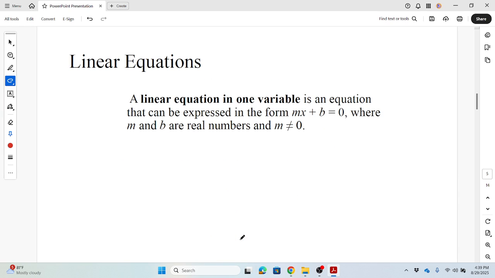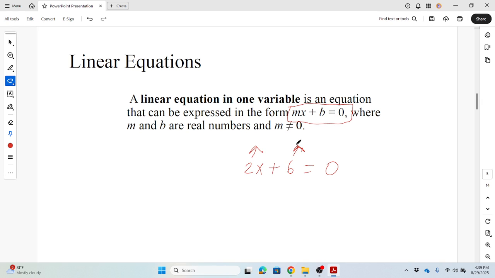So that's the equation. Linear equation means the variable we're using in the equation has to be to the power 1. For example, in this form, b and m are constants. For example, 2x plus 6 equals 0. m has some value, b has some value.